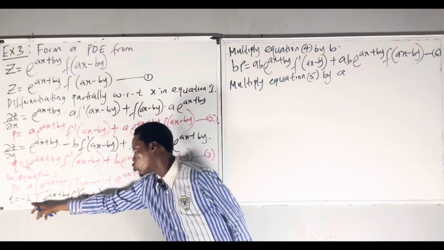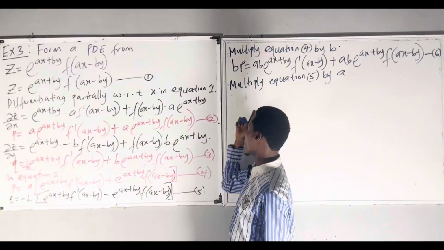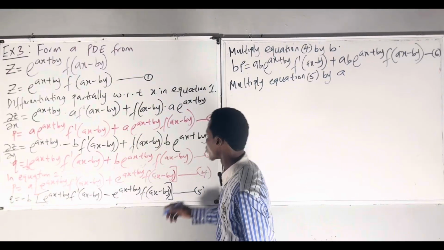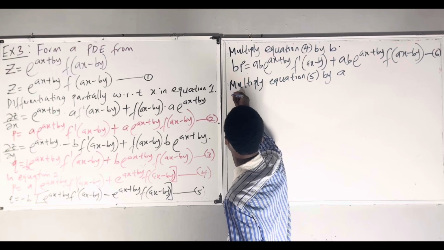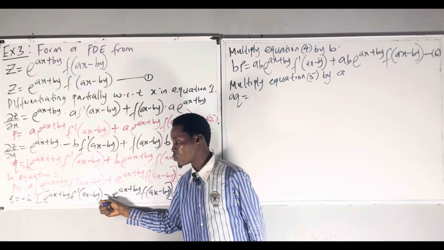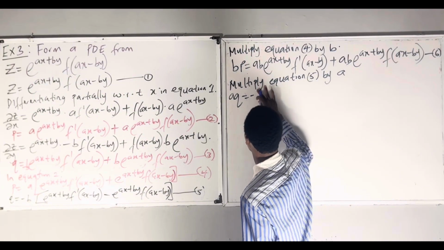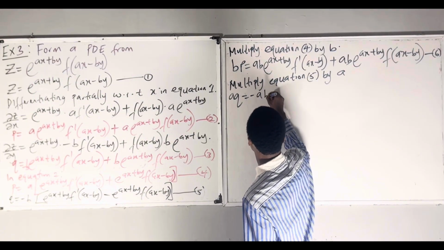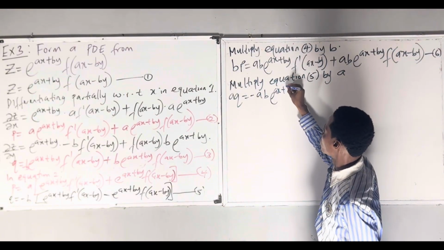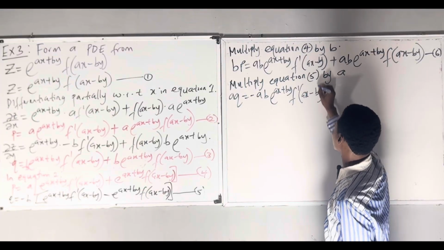If I use minus b to open this bracket, since we are multiplying by a, I'm going to have minus ab, and I have q outside here, so using a, I'm going to have aq. aq is equal to, this minus b is going to open this bracket, followed by a, so I'm going to have minus ba or minus ab, minus ab e to the ax plus by f prime of ax minus by.